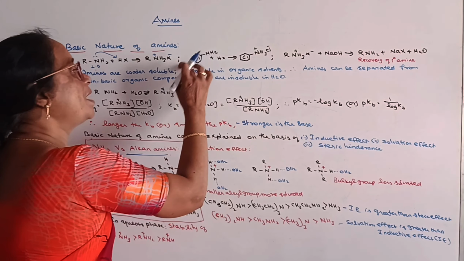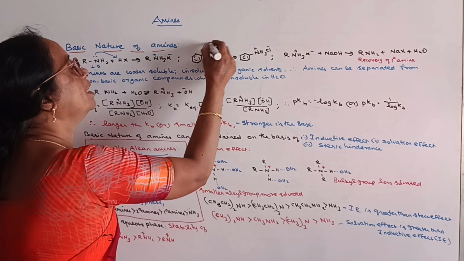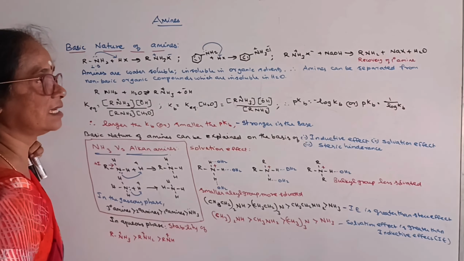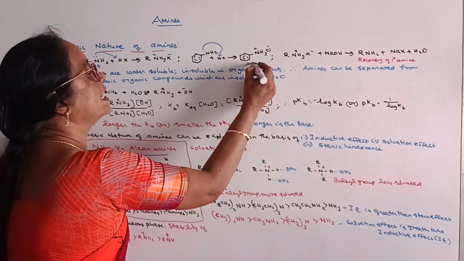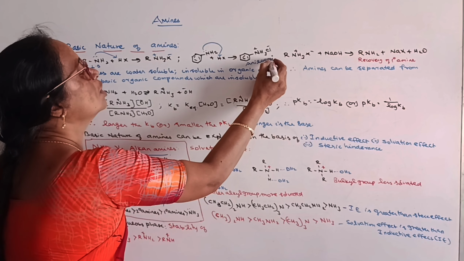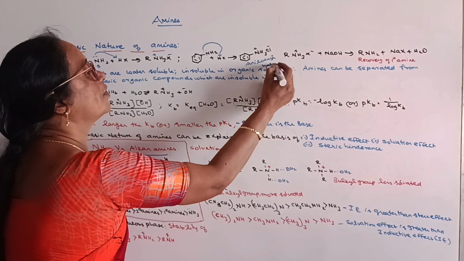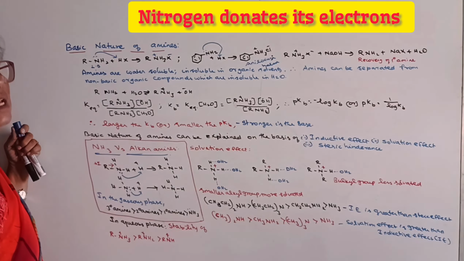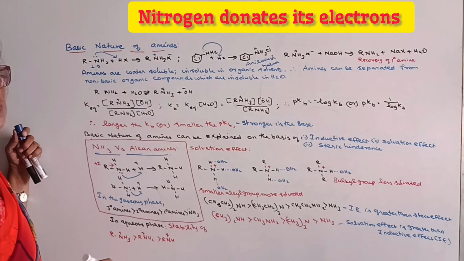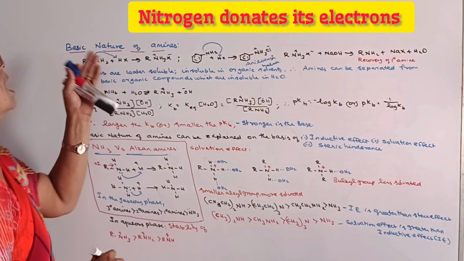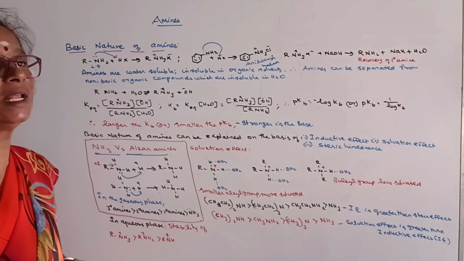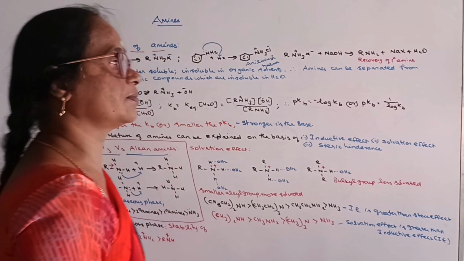Similarly, aromatic amines also get protonated with acid, so it forms aniline halide. So because of the formation of such compounds, where the nitrogen donates its lone pair, we can say aliphatic as well as aromatic amines are Lewis bases.